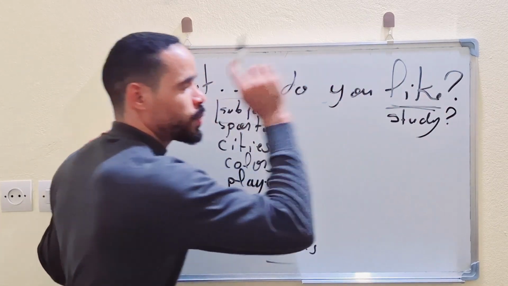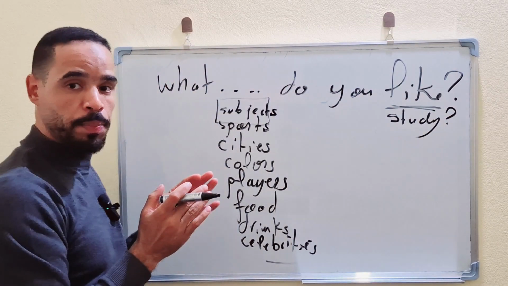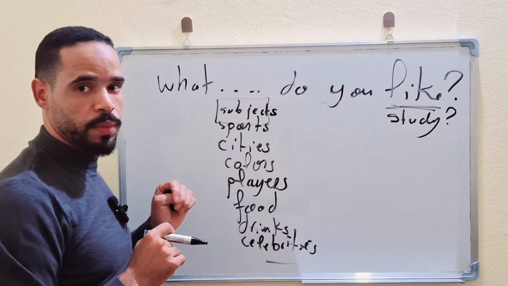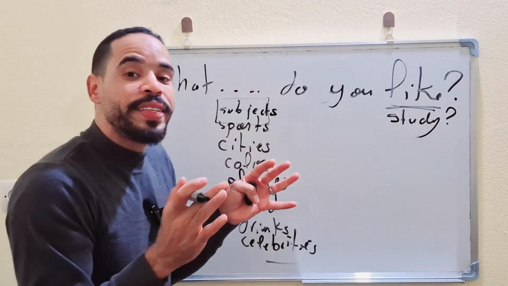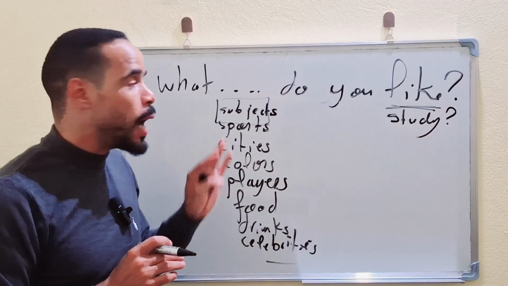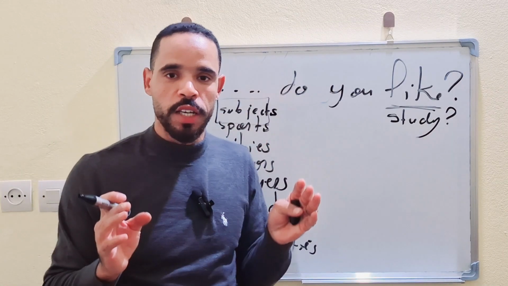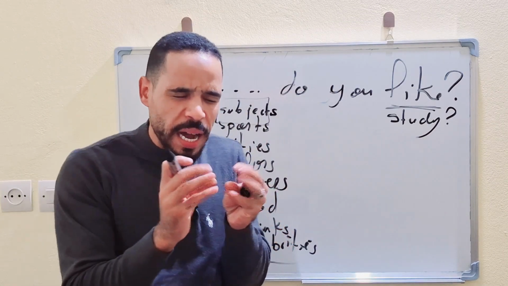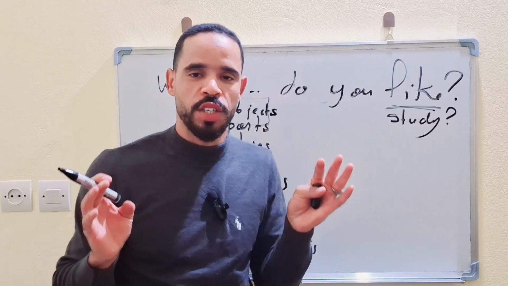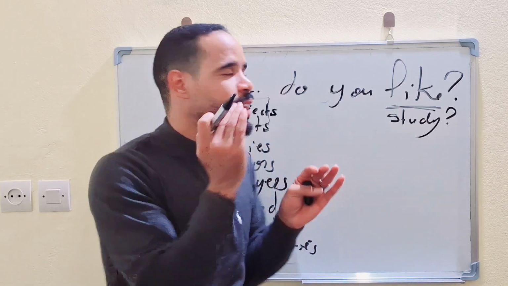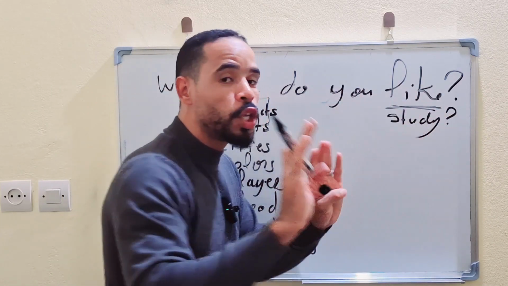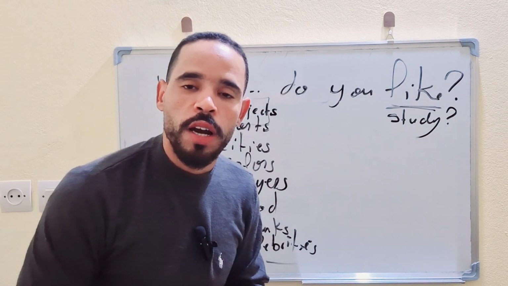And this is a question. I'm still keeping the same structure. I'm still working with the same structure. I'm doing just subtle changes, very tiny changes, small changes, incremental changes at the level of vocabulary, not at the level of structure.